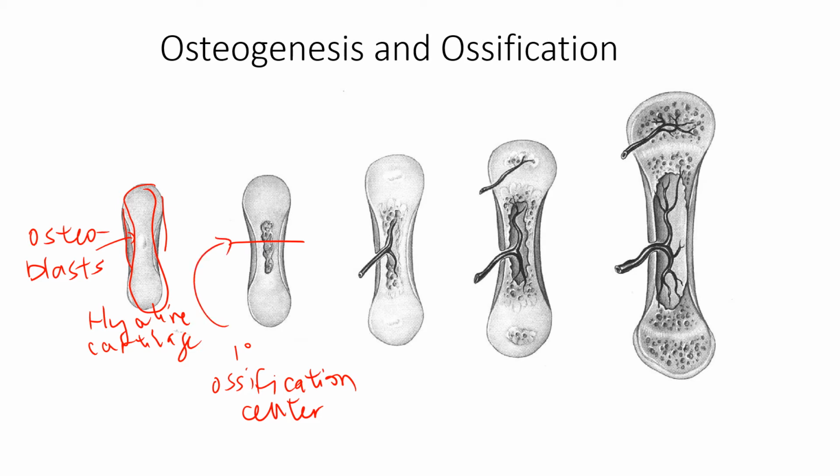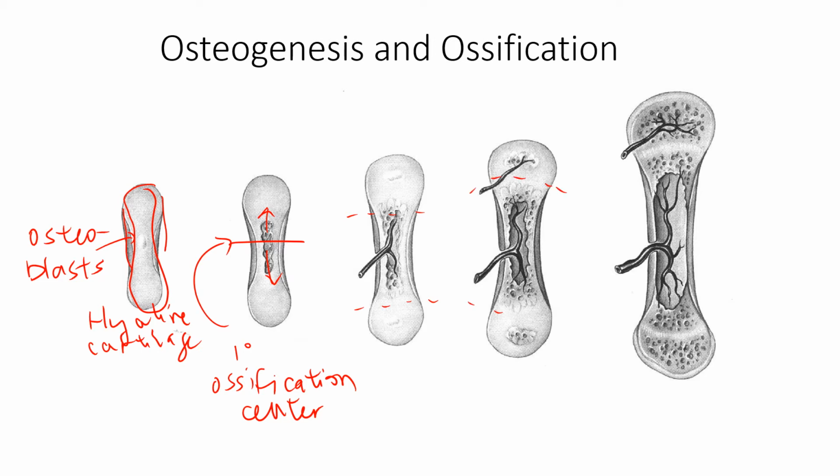Now, there are cells here that help to split it apart, so it's going to divide in half, just like taking an Oreo apart. You ever done that? Take it apart and you've got 2 cookies now. That's what we're going to do with this primary ossification center. We're going to separate it, and it's going to move toward the opposite ends of this bone.